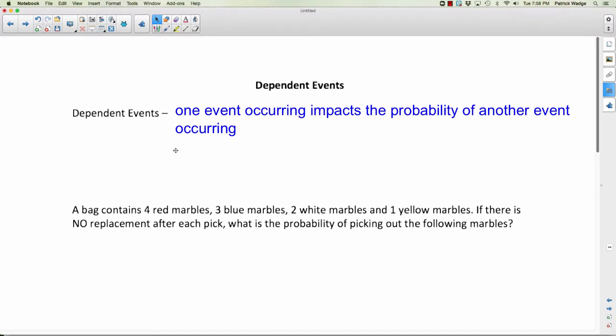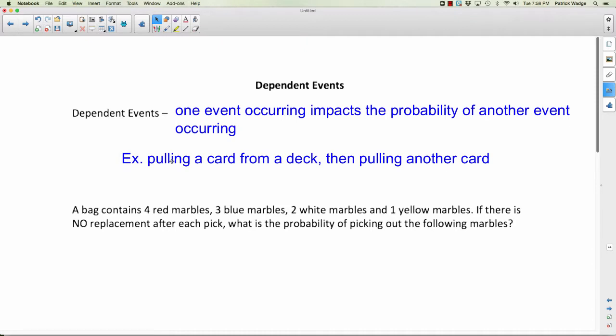Usually with probability, we talk more about coins and spinners and stuff. So here's an example: cards. If you pull a card from a deck, then pull another card, that's dependent, unless you replace the first card, then it's independent. But if you pull a card, don't put it back, and then pull another card, that's dependent because you've changed the probability by removing one card from the deck.